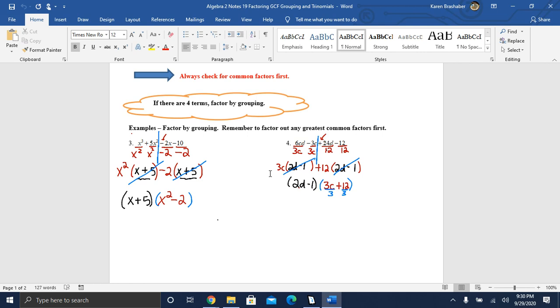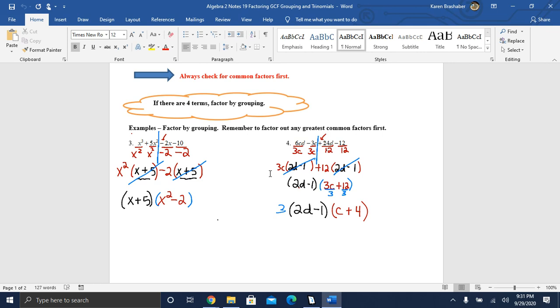My final answer, I have to put the 3 that I divided by on the outside. And it doesn't matter then what order you put your parentheses in. So I'm going to go ahead and put the 2d minus 1 next. And then my last parentheses is the one that I get after I divide by my 3. So 3c divided by 3 will just give me c plus, and then 12 divided by 3 will give me 4.